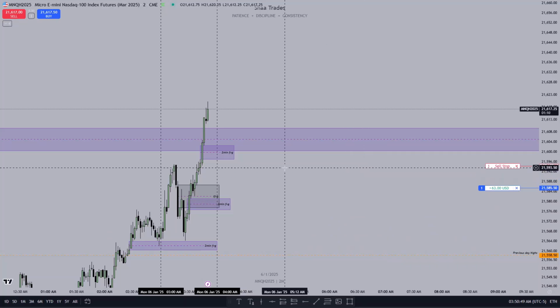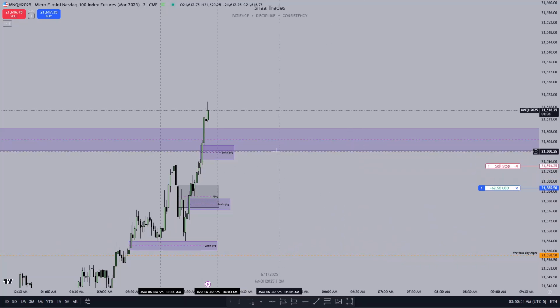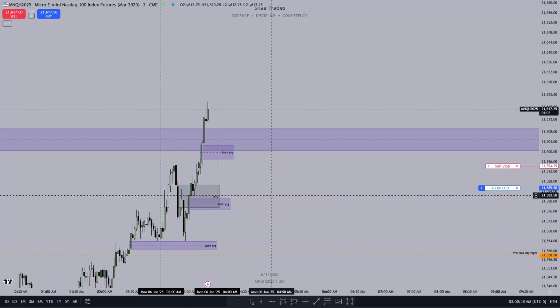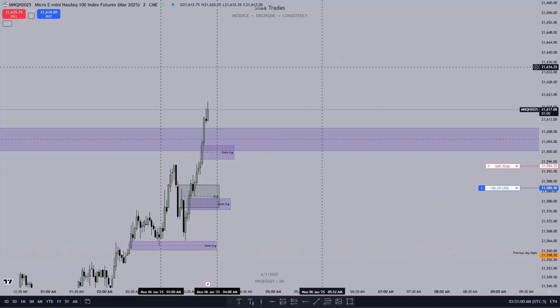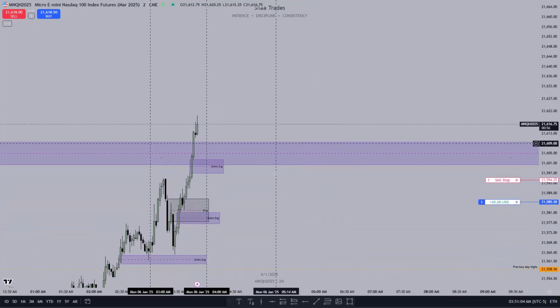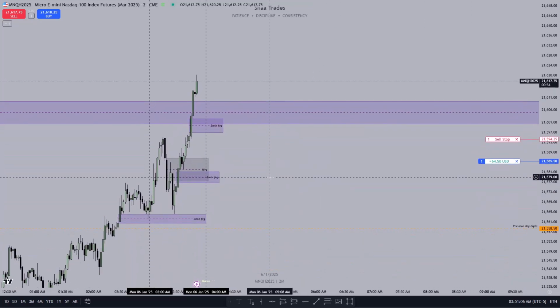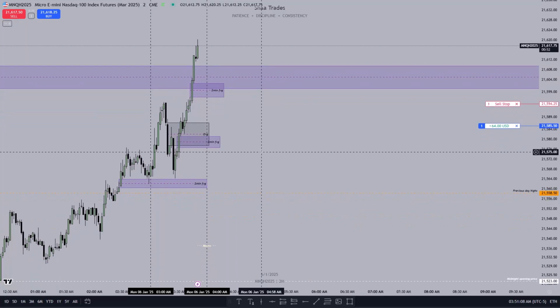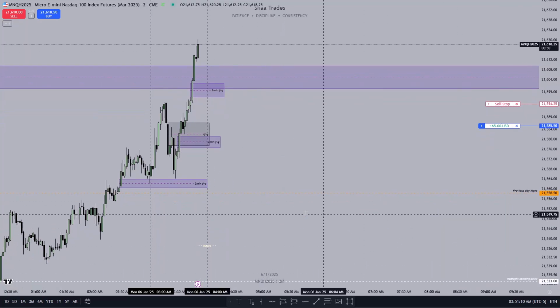But after drawing this out, price could have gone two ways, right? Initially I was thinking it would go higher towards this new week opening gap, or it would go lower because we're above the midnight opening price.